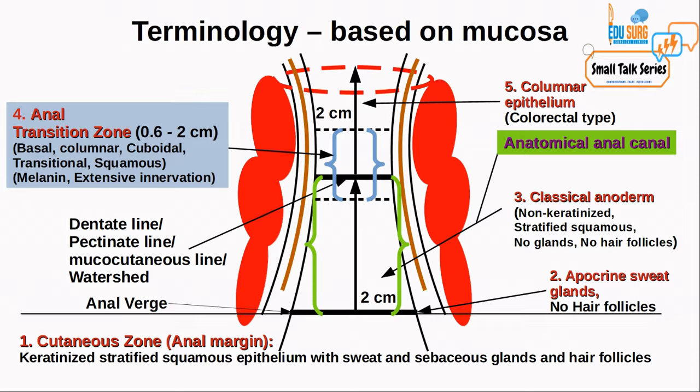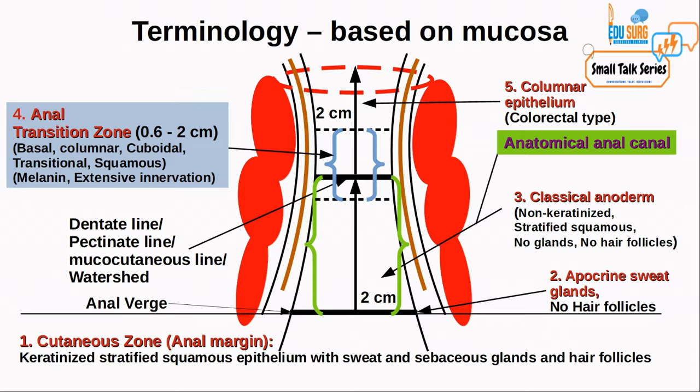So this is where the anal transition zone is located, and it can have variable types of epithelium such as basal epithelium, columnar epithelium, cuboidal, transitional, as well as squamous epithelium in different layers. That is why it is known as a transition zone, that the mucosa of the columnar type transitions in the anatomical anal canal into stratified squamous epithelium.